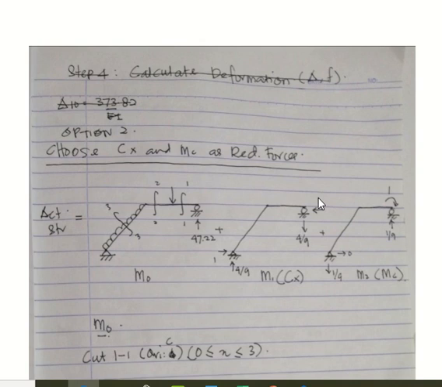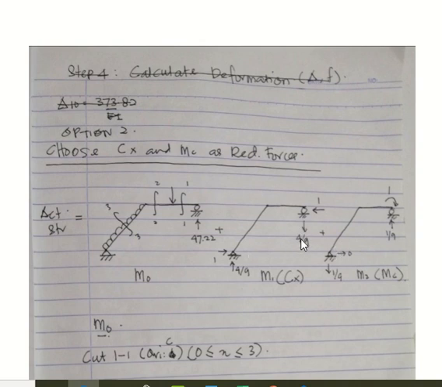That's why there is 1 kilonewton here. For redundant number 2, it is the same structure as for redundant number 1, but since you have removed MC, M meaning moment, you apply 1 unit moment, kilonewton meter, at point C.